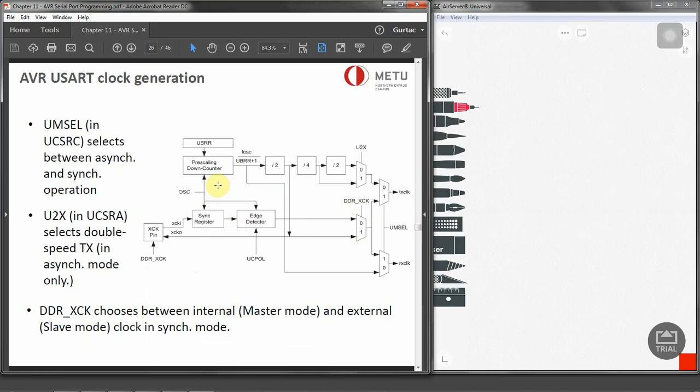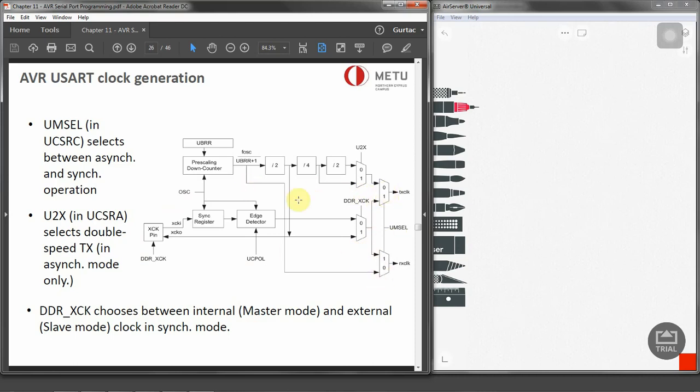Now, this multiplexer in the UMSEL cell is actually selecting the operation. So if we are going to use this part with the clock input and so on, it's going to be a synchronous operation if it is 1.